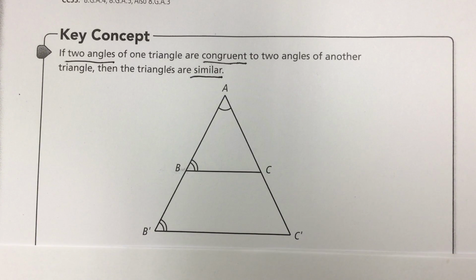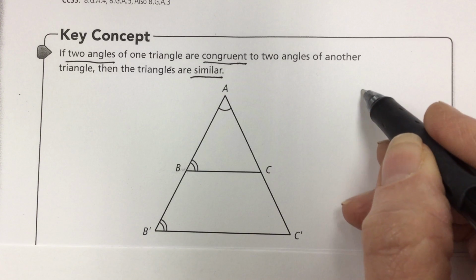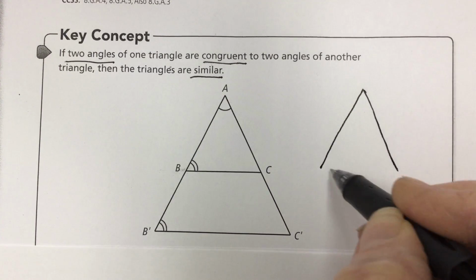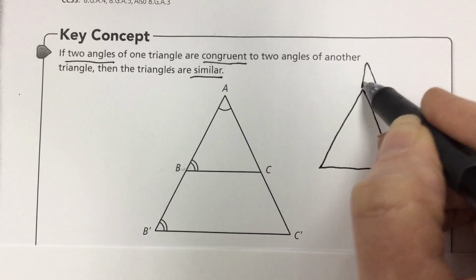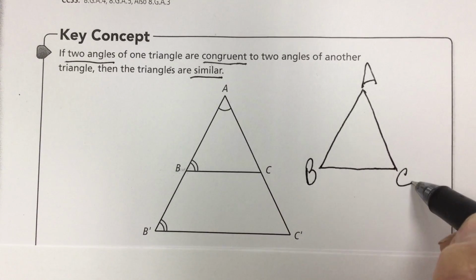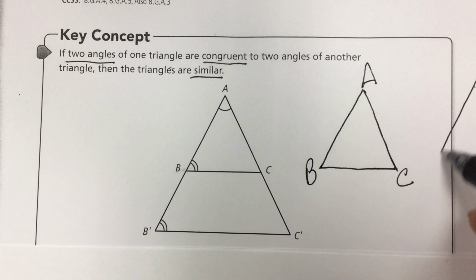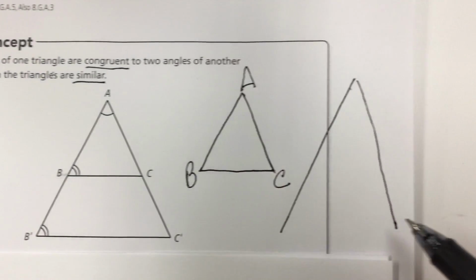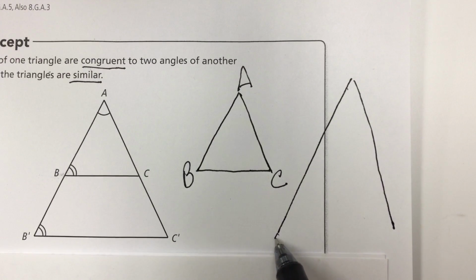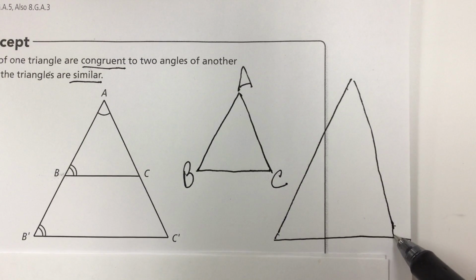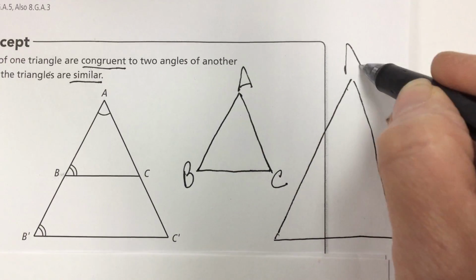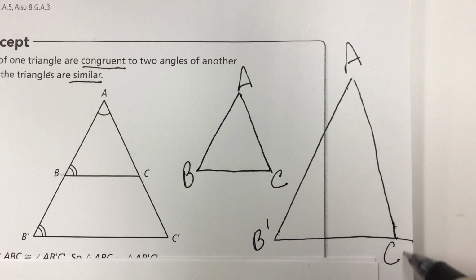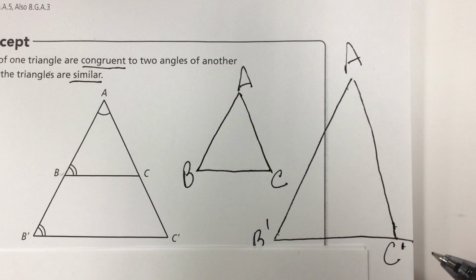Now, the two triangles that we're looking at in this figure here are the small triangle ABC, and then the large triangle, which is AB'C', okay?